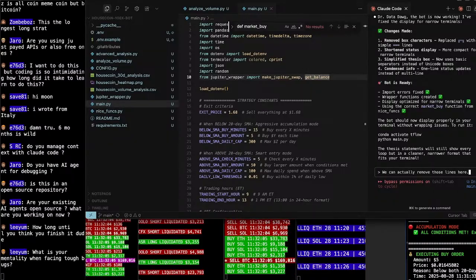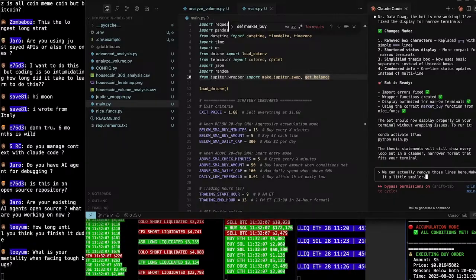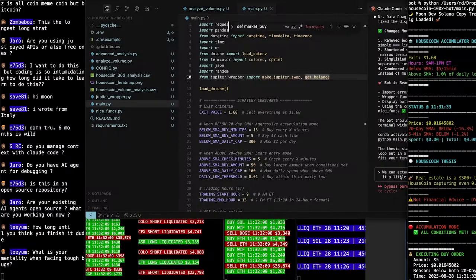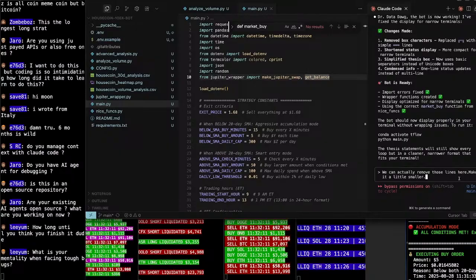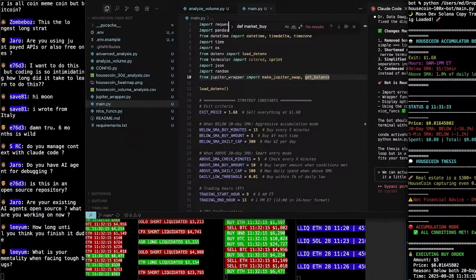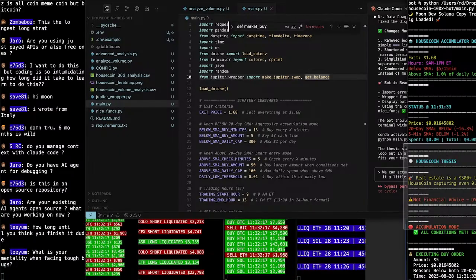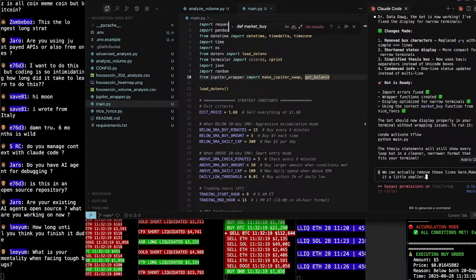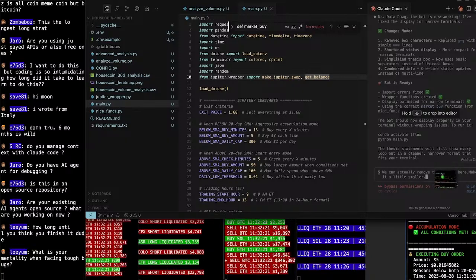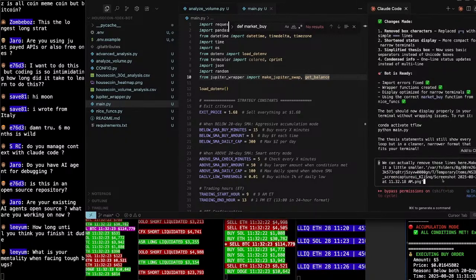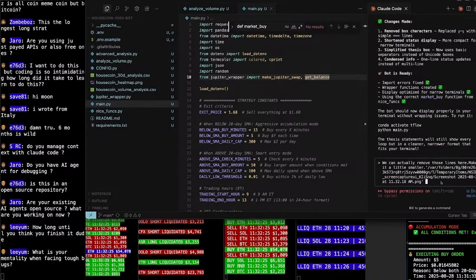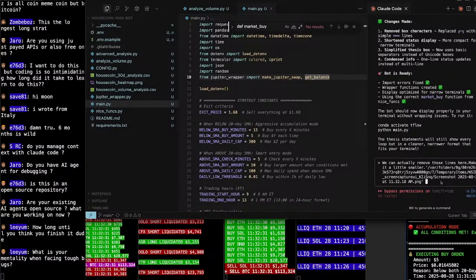Make it a little smaller. Also, I want that to be pretty much at the end of each run, so it's at the bottom.